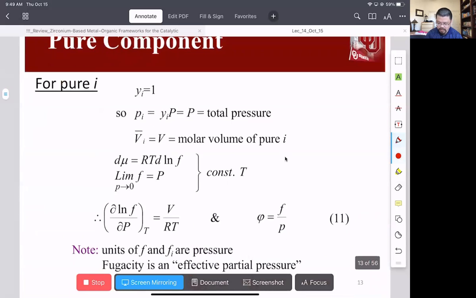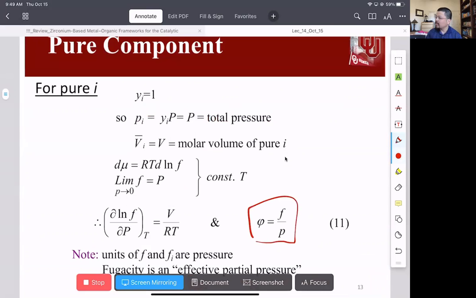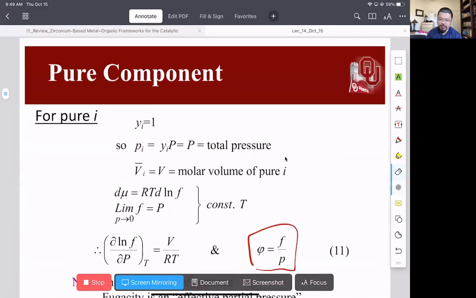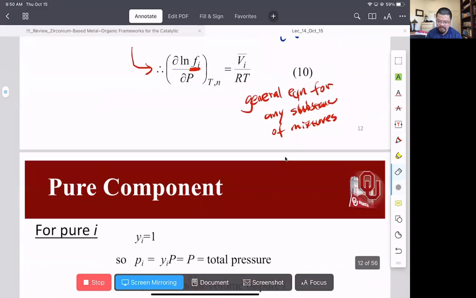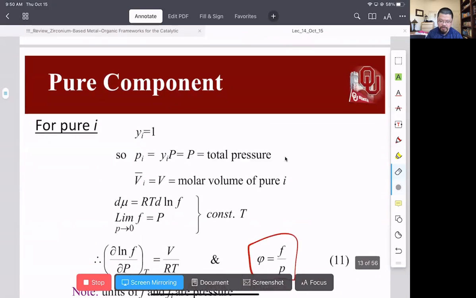So indeed, I have it over here. All right. If we come back to the pure component, let's check this equation 10 and the other things we just discussed, because naturally we don't necessarily work on complicated mixtures, and we can also use that fugacity definition for a pure component. So if I have the pure component i, then yi shall be 1, because this is one component, right?